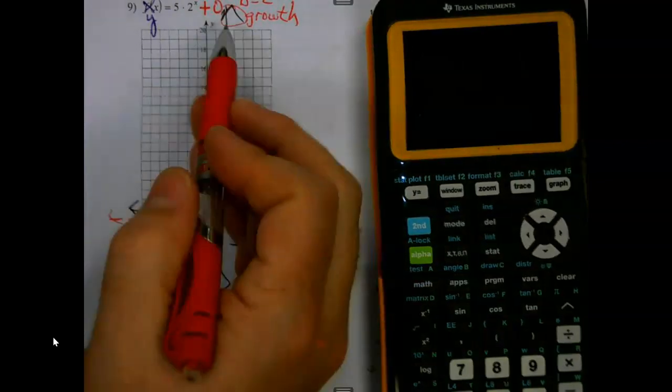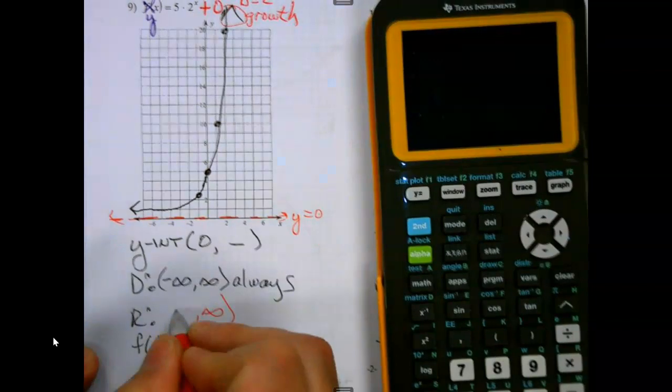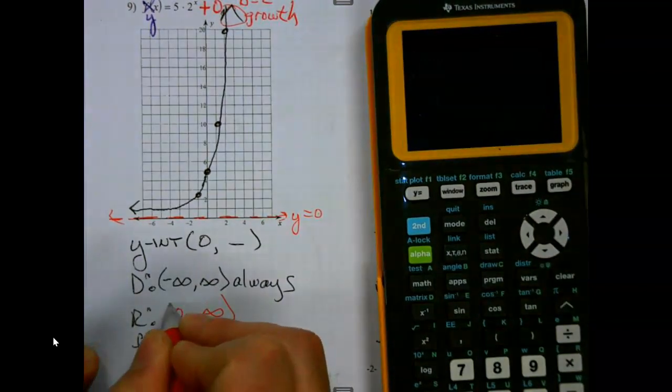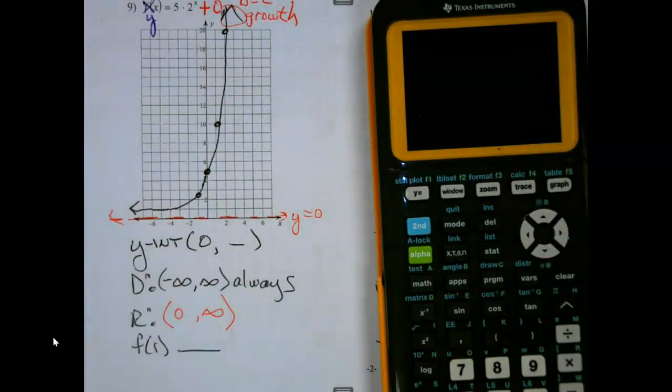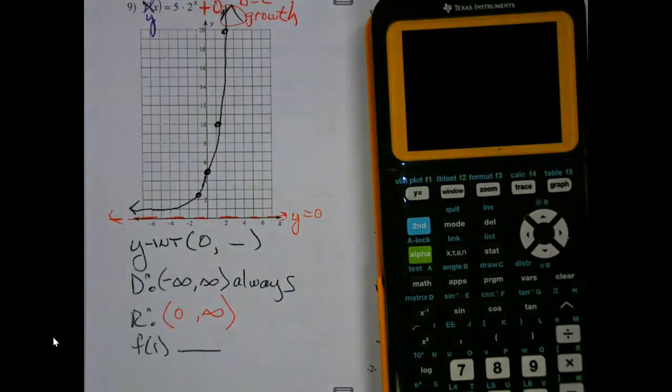So that's why we have this here, to know where that's going to start. So whatever the number on the end is, where my asymptote goes, is where my range piece comes from. And the rest of this we're going to get off the calculator.